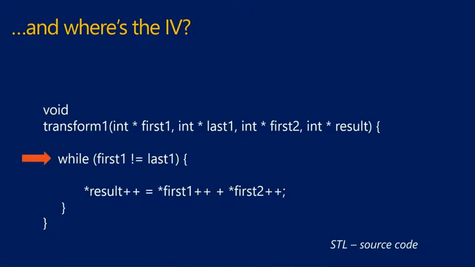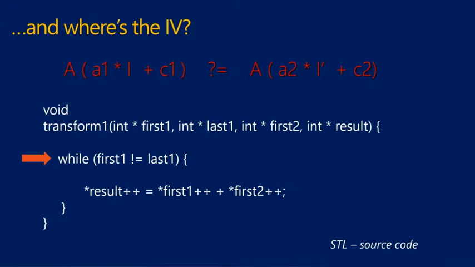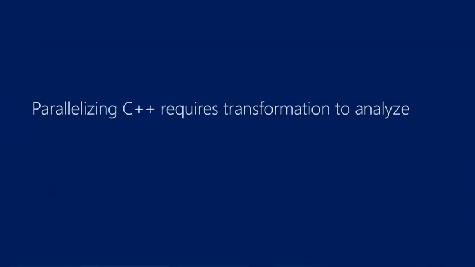That's an important loop too. That's something that appears in the STL library down low. So remember, somehow we got to be able to do that in order to vectorize that loop symbolically, and then turn that into a series of vector instructions.